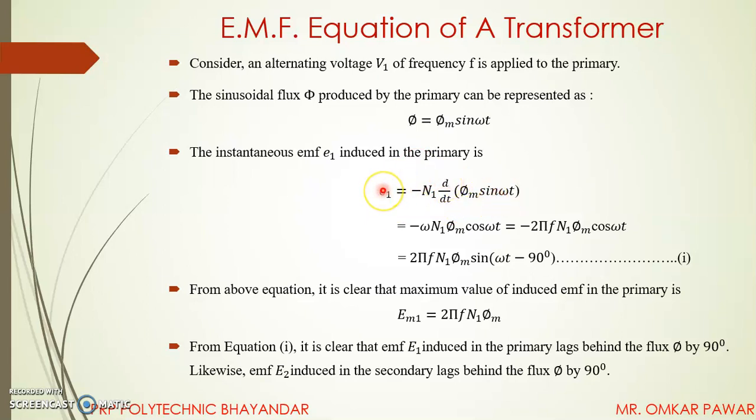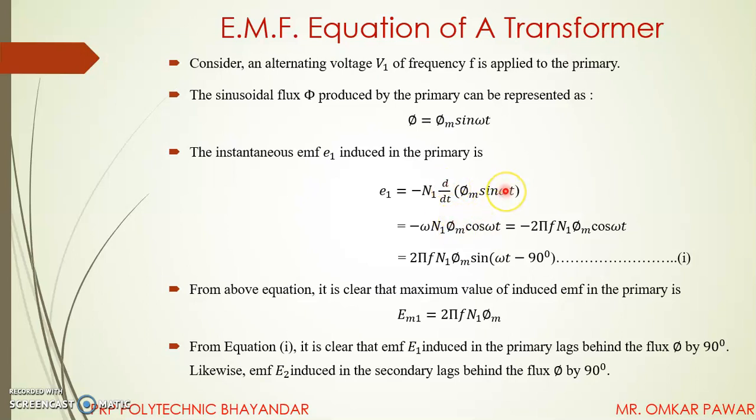That is according to Faraday's law, E equals minus N d phi by dt, and the minus sign indicates Lenz's law. Phi m will be constant because the derivative is with respect to time, so only sin omega t will be differentiated.